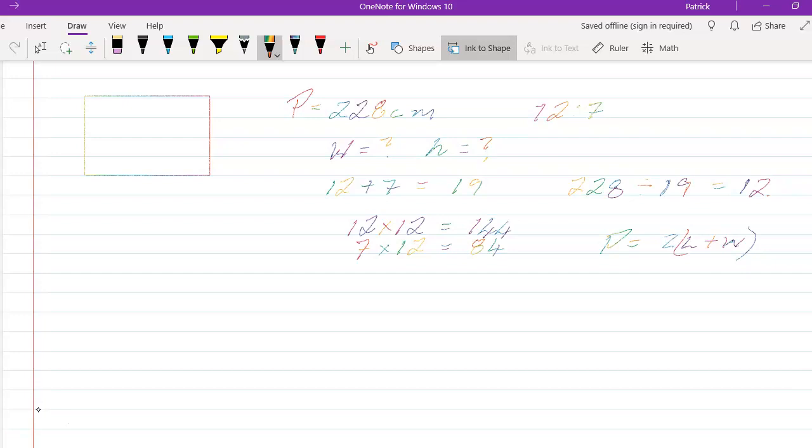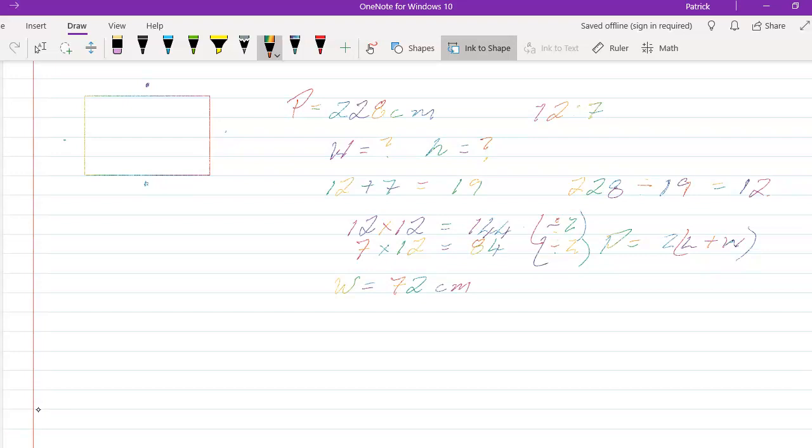Therefore, I've got 2 lots of this here and here, so I've got to divide it by 2. So W equals 144 divided by 2 equals 72 centimeters.